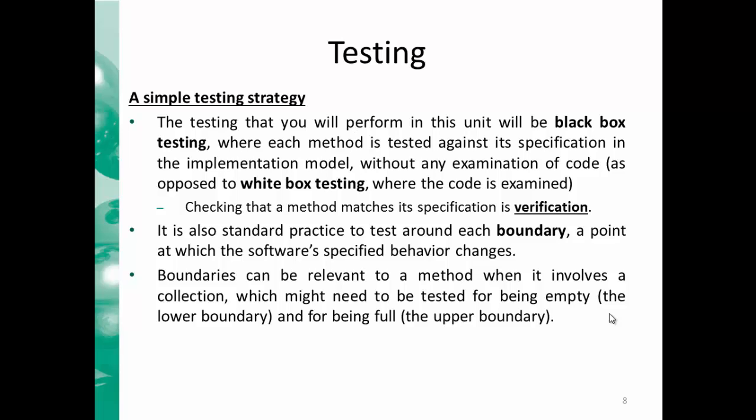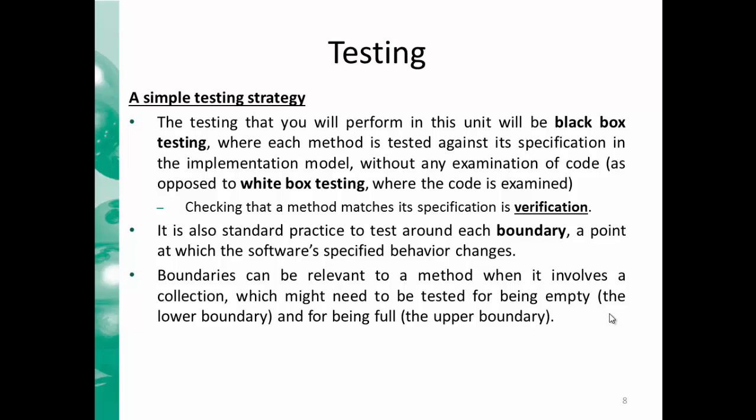Now in this method of testing, I mean black box testing, it's a kind of standard practice that we test around the boundaries. What do we mean by the boundaries? For example, if we take a collection, then we ask whether the collection is empty, meaning it has no elements in it, or the collection is full.